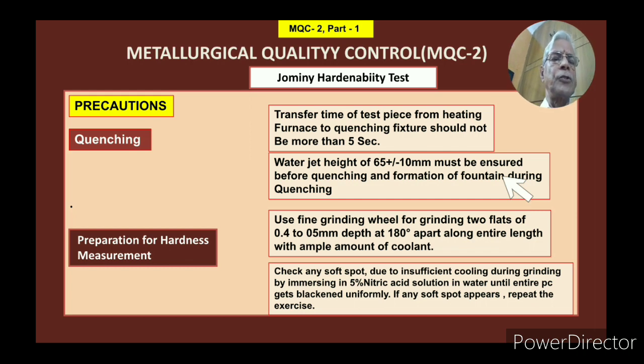If it is not blackened uniformly and there are some soft spots, a different color like light gray, then you see that it has not been quenched properly and it has got a soft spot, and this has to be rejected, and you should repeat the test again, so that the entire length is getting blackened.